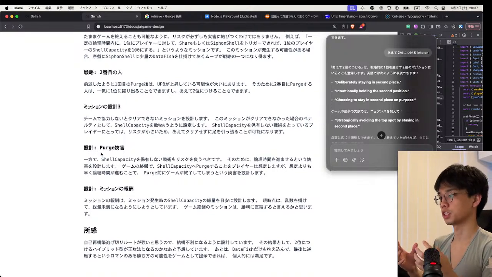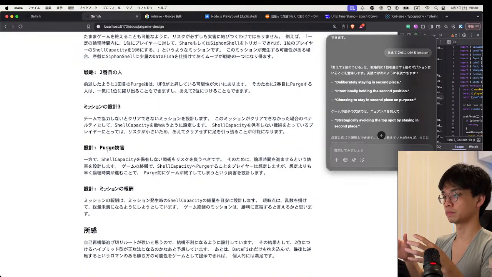interrupt purge. Purge means data fish to shell capacity conversion, and a player who has a small amount of shell capacity takes a strategy to purge data fish to shell capacity at the end of the game.